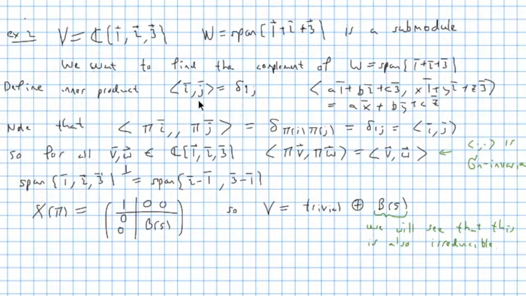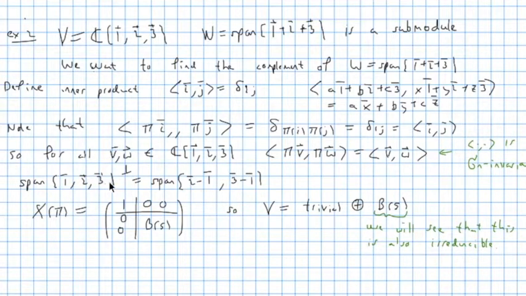And this inner product is G invariant. It's invariant under the action of the symmetric group, because if we take the inner product of pi(i) and pi(j), we get the Kronecker delta of pi(i) and pi(j). But pi is a bijection, so pi(i) and pi(j) are the same or different if and only if i and j are the same or different. So it's Sn invariant.